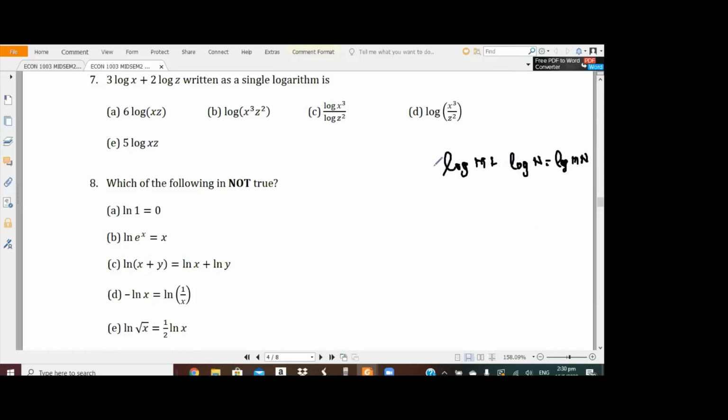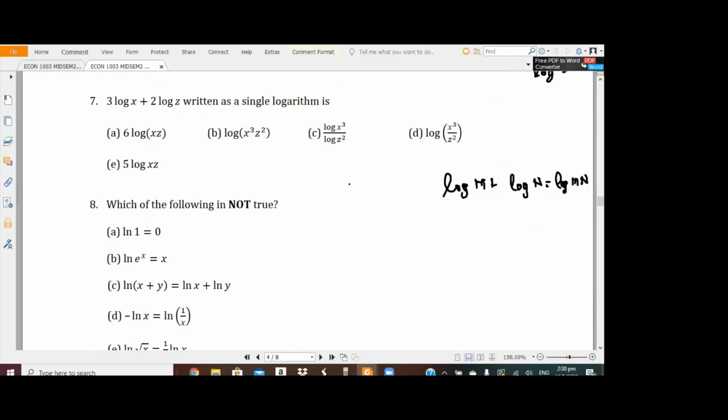So we need to change it from 3 and from 2. It's not like we can just divide by 3 or anything like that. We have to use a law of logarithm. So we're going to use the law that says log of m to the p is equal to p log of m, and we're going to reverse it. It's saying that you can move the power to the front and you can move it from the front to a power.